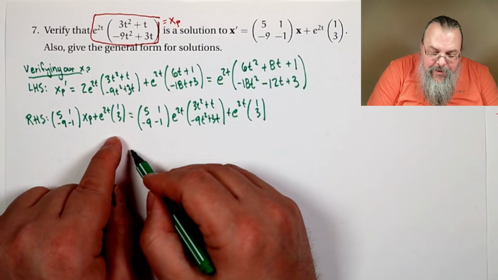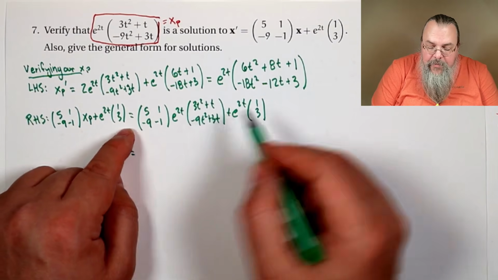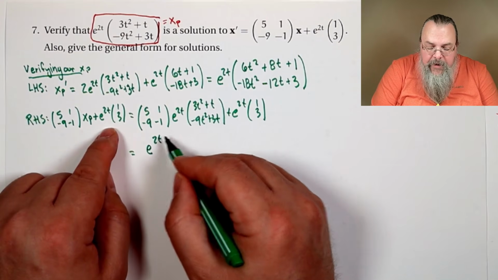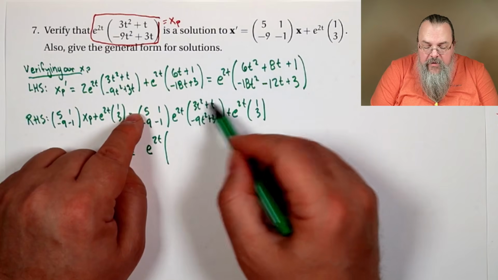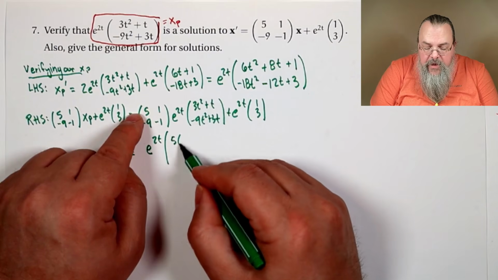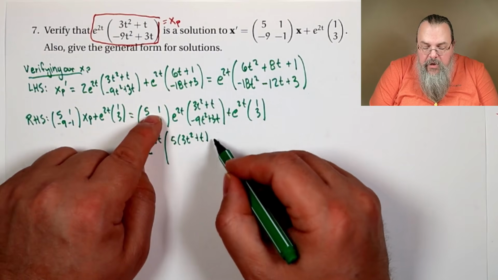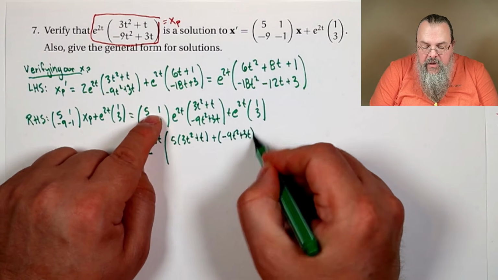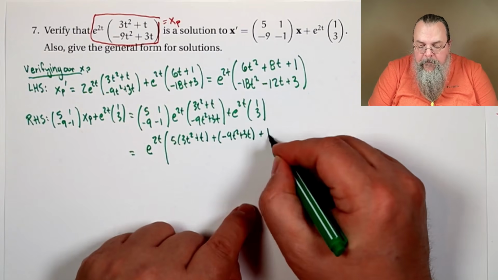Well, okay, as we're very patient here, e to the 2t is common to both, so I'm going to pull that out. So we get 5 times 3t squared plus t, plus 1 times the minus 9t squared plus 3t, and then add one more.